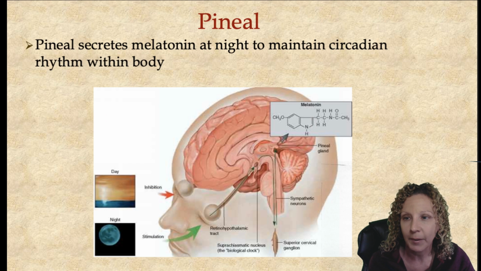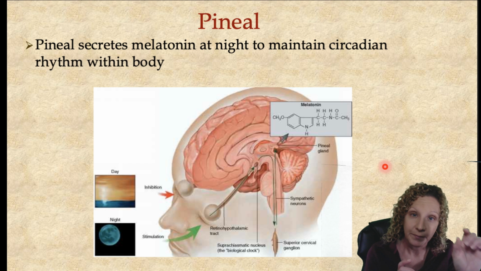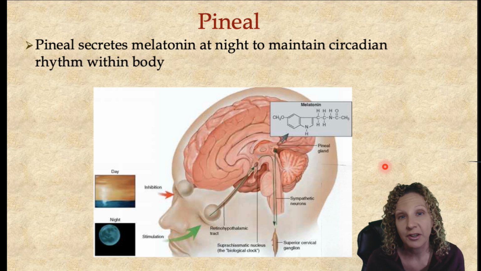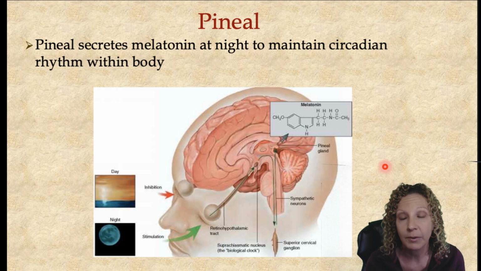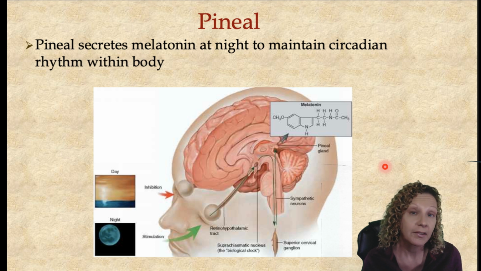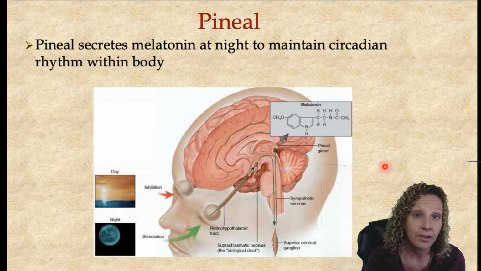Then I'll talk about the pineal, which is also nearby. That's that really obvious structure, a bit superior and posterior to the thalamus when you're looking at the sheep brain. It's an interesting structure. It has an endocrine function. It does release melatonin, but only at night.